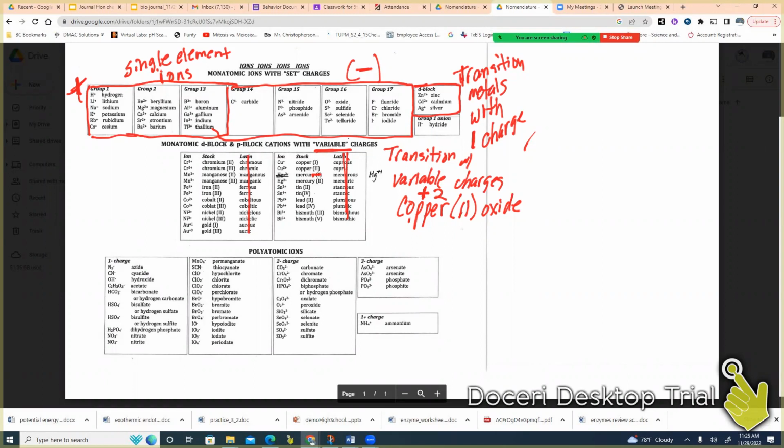All right, and then if we come down here, we have polyatomic ions. So this is a group of elements acting as an ion.